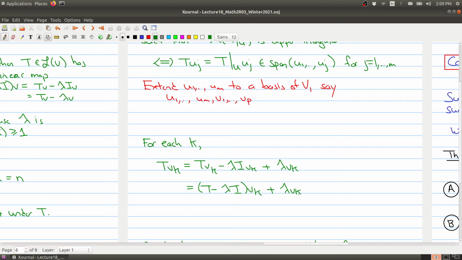Okay, and now what do we know about this? Well, we know that this guy here is in U. So now (T minus lambda I) vk is inside of U, which is inside of the span of u1 up to um, because u1 through um is our basis of U. Okay?